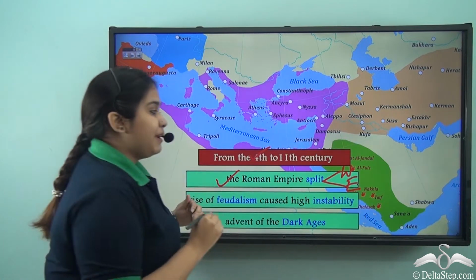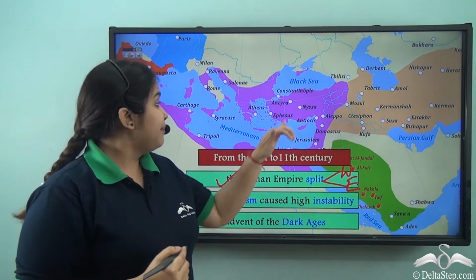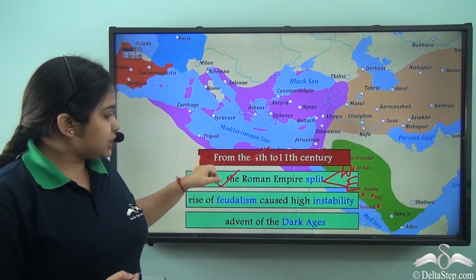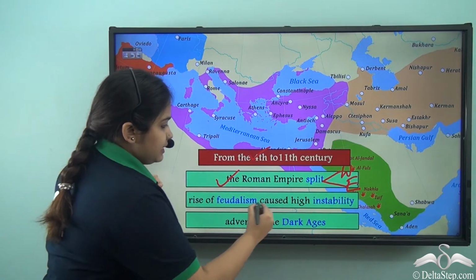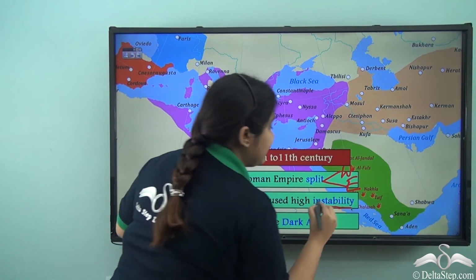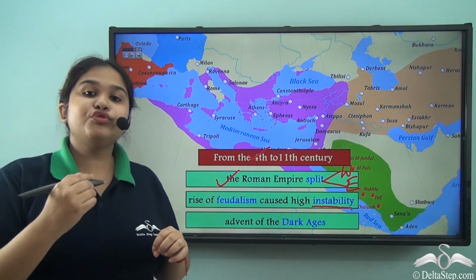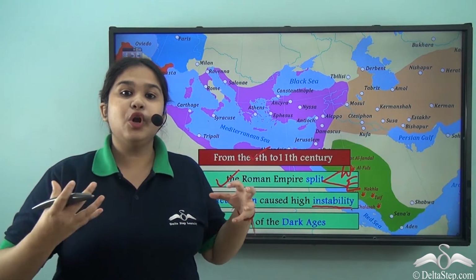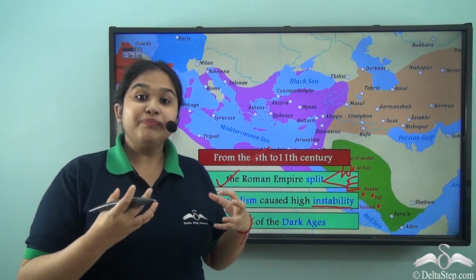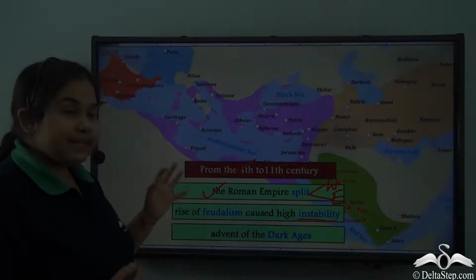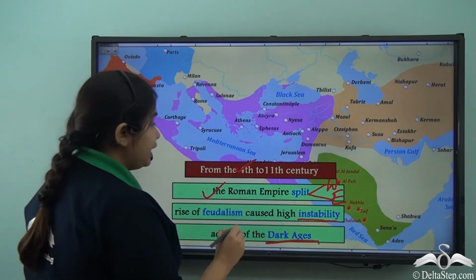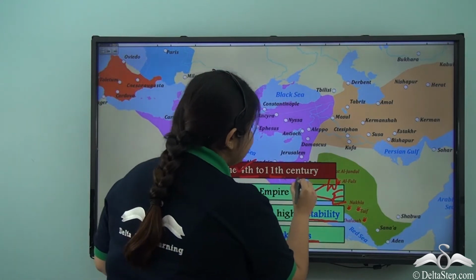The Eastern Roman Empire was known as the Byzantine Empire, marked in pink right here. This period saw constant instability, and this instability was also due to the rise of several feudatories. Several feudal lords were taking over the power, the position, right? This saw the advent of the Dark Ages that spanned from the 4th to the 11th century.